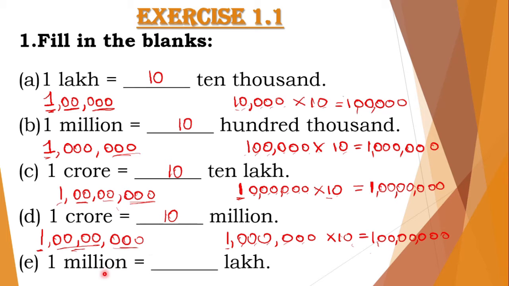So the next question is 1 million is equal to dash lakh. Now again let's write 1 million. So 1 million has 6 zeros. And a lakh. So they just gave lakh, right?